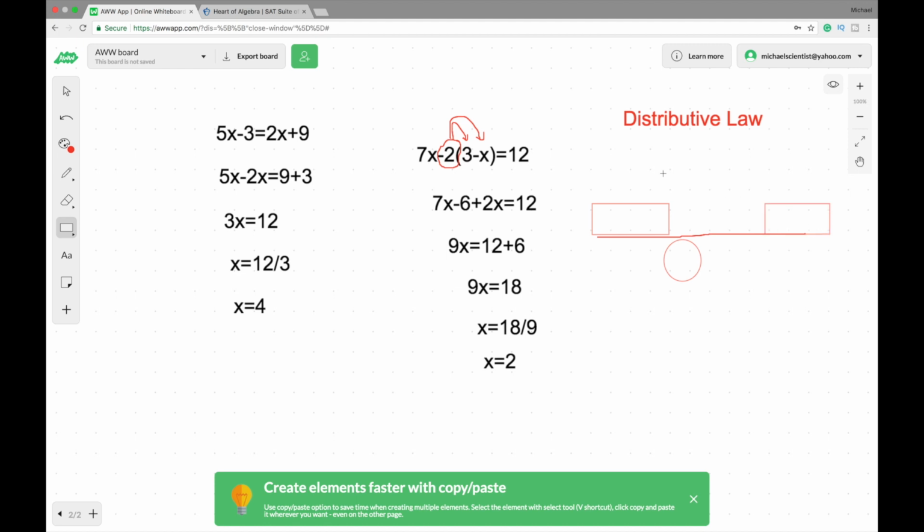We want this to balance itself, right? So in order for that to happen, this and these two items must be equal.